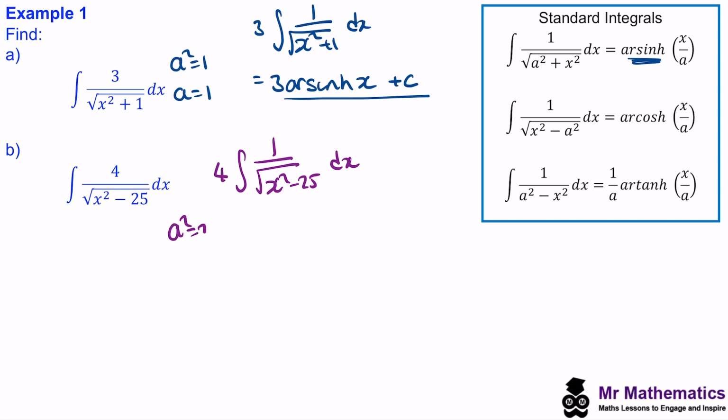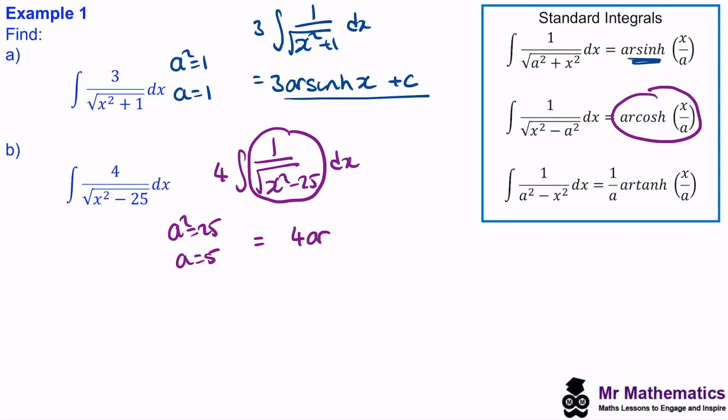And if a squared is 25, a will equal 5. So the integral will be 4 times the integral of this, which is given as arcosh of x over a, and a is given as 5, and we'll add the constant of integration.